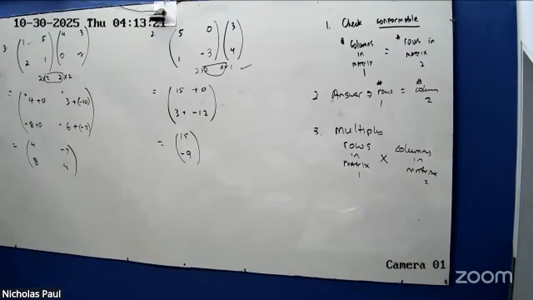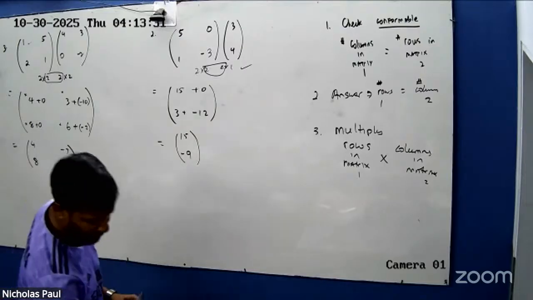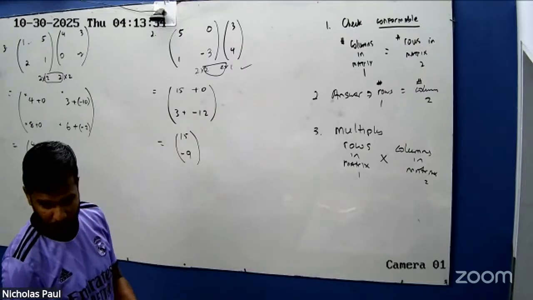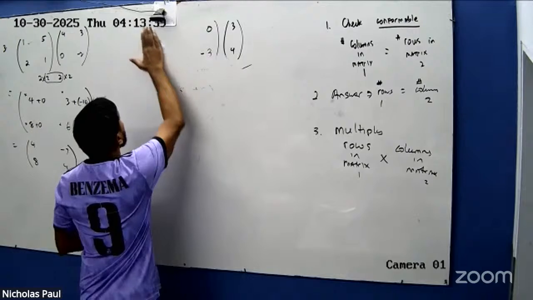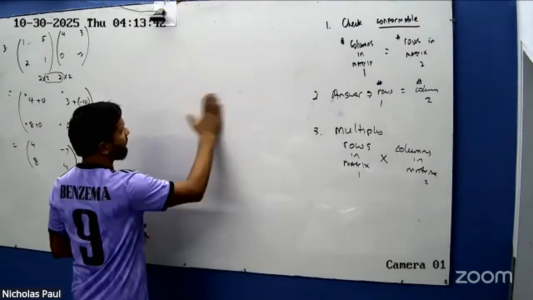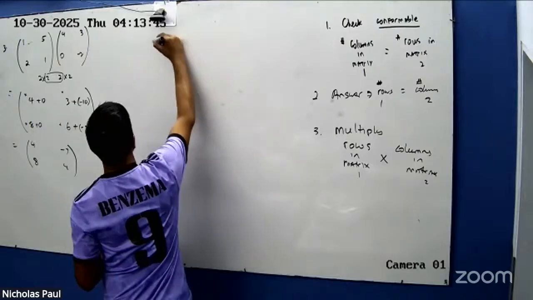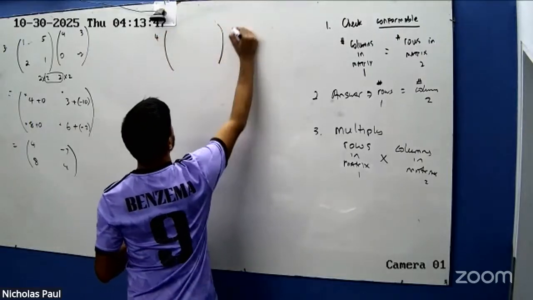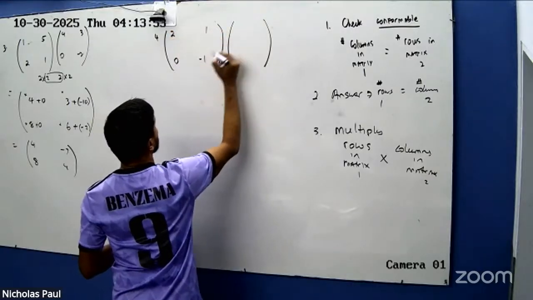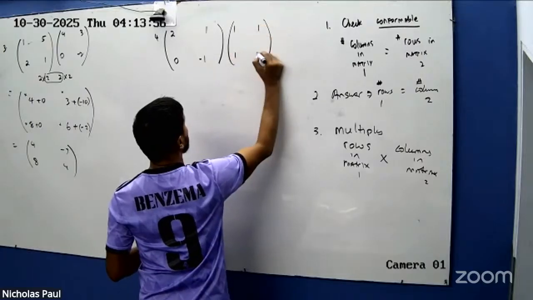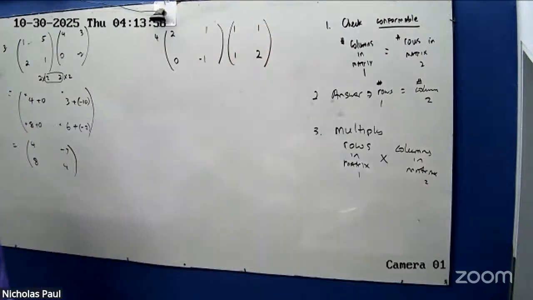Right, next one. Are you okay with that? Copy down number 3, lesson number 4. Okay with it? Online, try that.